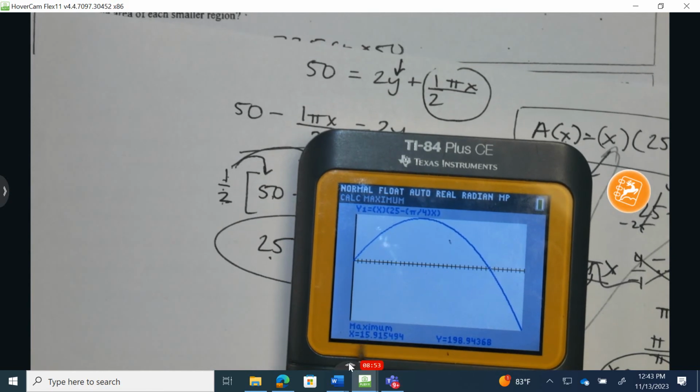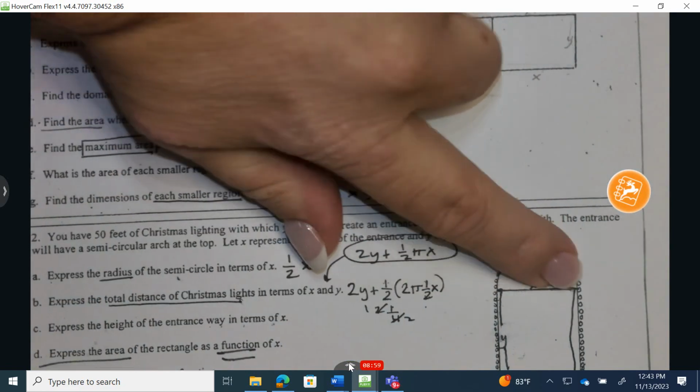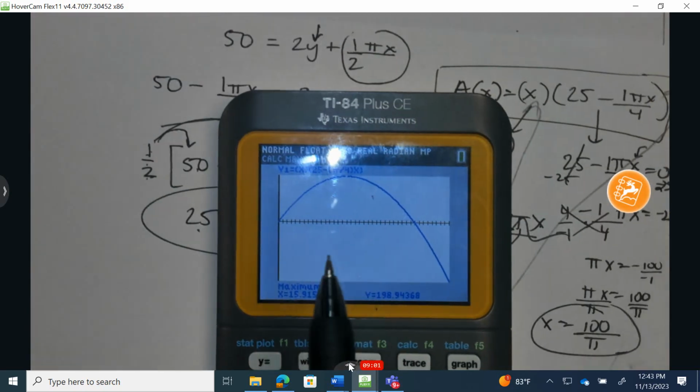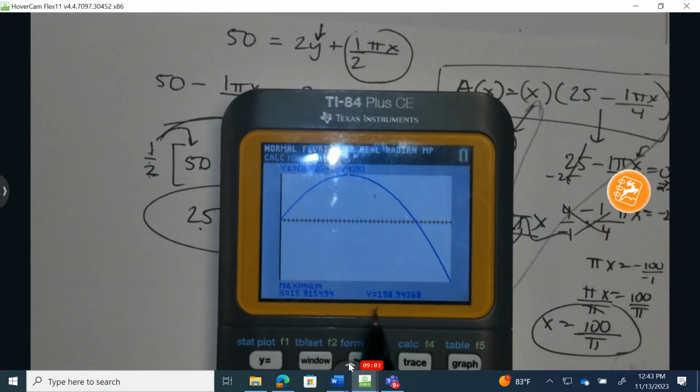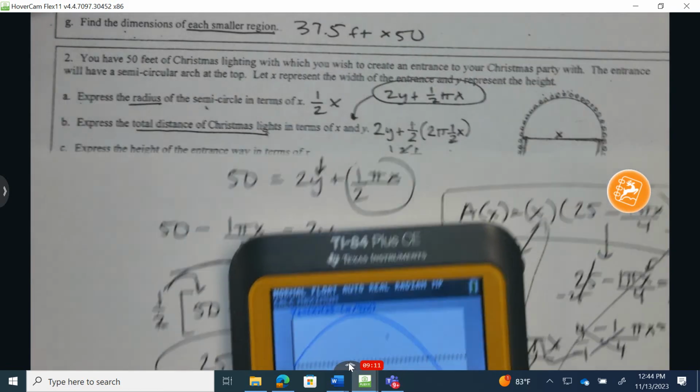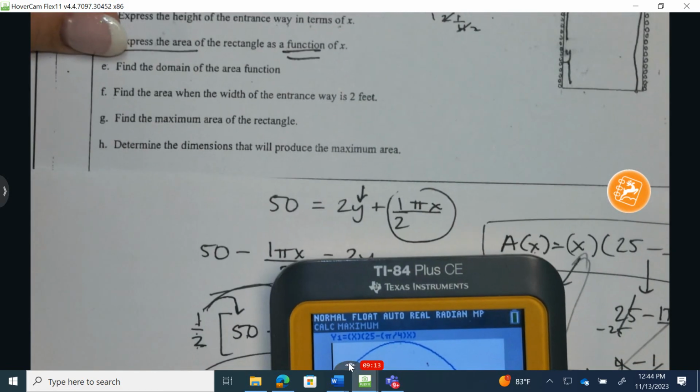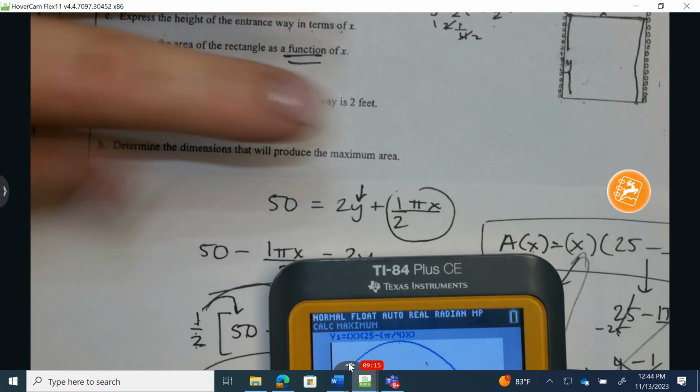Remember, this is going to be our x value, which is the diameter or the width of this entrance. And then this is going to be the maximum area. So maximum area is going to be 198.94 feet squared.